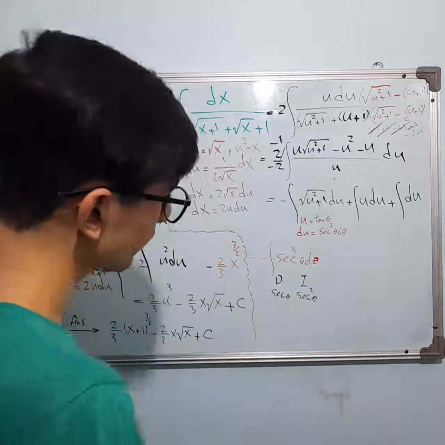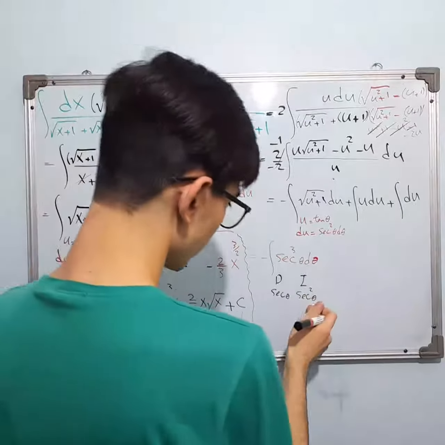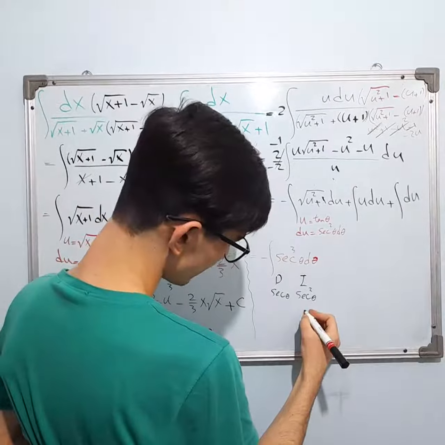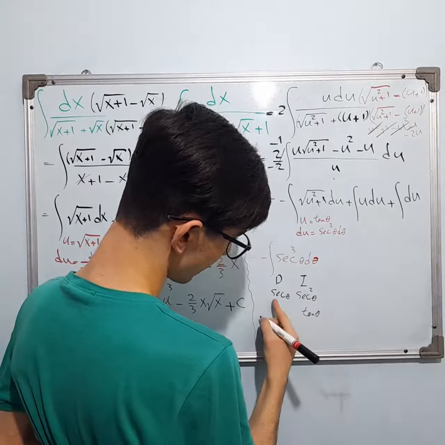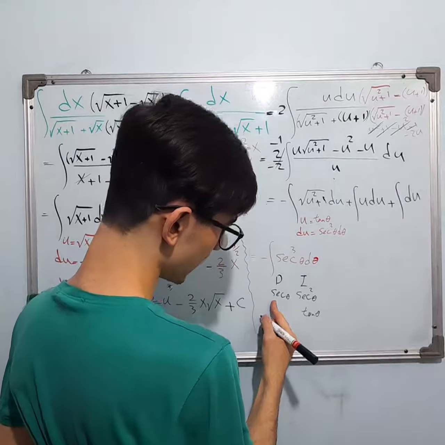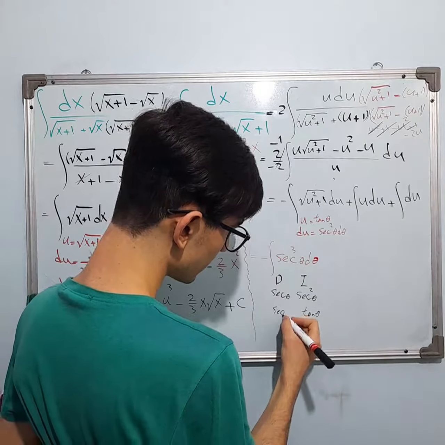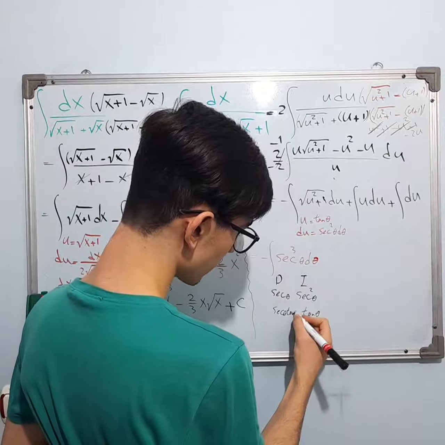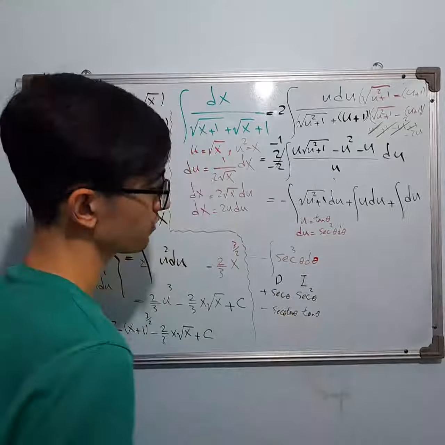Yeah, you agree? So the integral of secant squared theta is tangent theta, and the derivative of secant theta is secant theta times tangent theta, and don't forget plus minus.